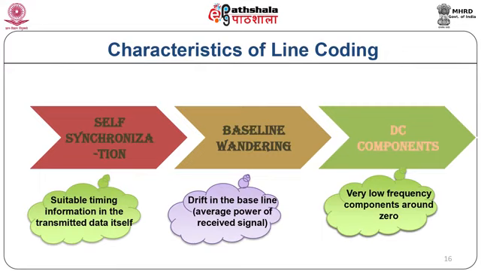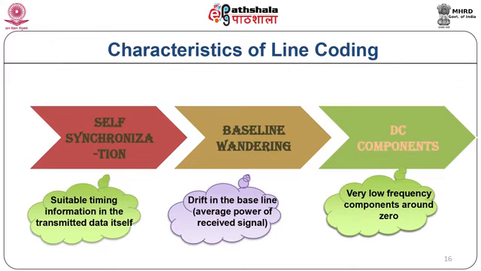Now we shall understand what we mean by self-synchronization. The transmitter sends a signal, and at the receiving end, it is required to receive the original transmitted signal. But if the receiver clock is faster or slower, it will misinterpret the incoming bit stream. The difference between the frequency or phase of the transmitter and receiver clocks leads to the loss of synchronization.